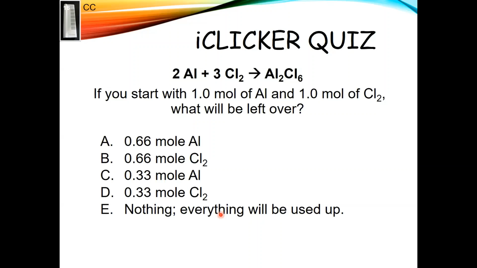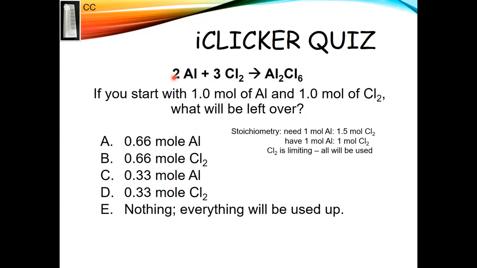We're going to look at this reaction where 2 moles of aluminum are reacting with 3 moles of chlorine to give us 1 mole of Al2Cl6. If we start with 1 mole of aluminum and 1 mole of Cl2, what will be left over? Well, the first thing we have to figure out is which one is our limiting reagent.